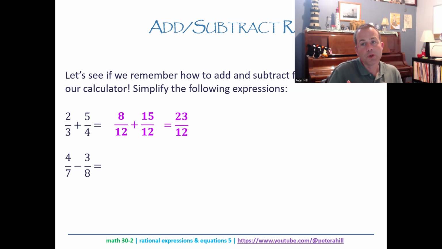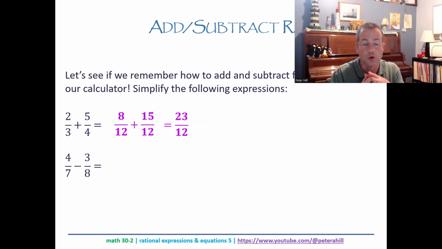Now, going back to that statement, I need one of everything. Let's see how that would look with 4/7 minus 3/8. And so what I'm going to do here is just show it to you in a different form. This guy has a 7, this guy has an 8. That means my common denominator needs to be a 7 and an 8 multiplied together.